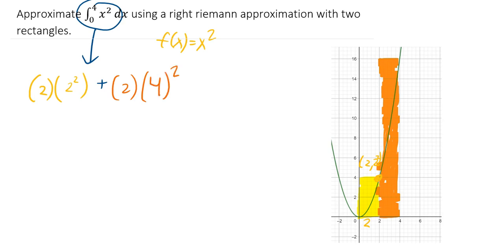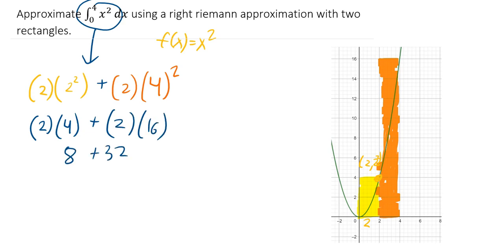I went from 2 to 4, I used the one on the right, I used the 4 to determine my y value. So my approximation for my area comes out to 2 times 4 plus 2 times 16, 8 plus 32. That's 40. This is my approximate answer.